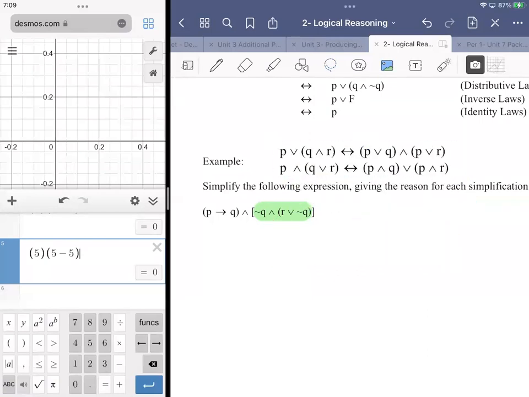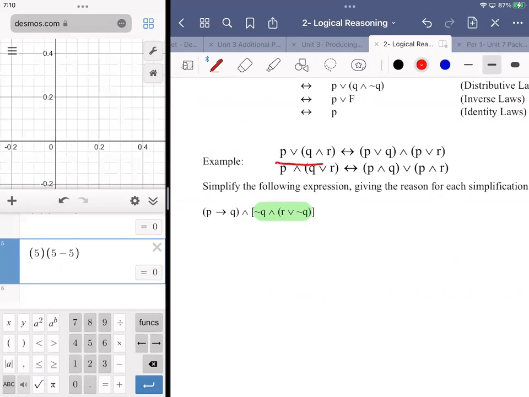Right, so these are the identity laws. I'm sorry, distributive law. If you look at the second one, that seems to be the same structure as what we're potentially interested in. So we have not Q and R or not Q, all right?